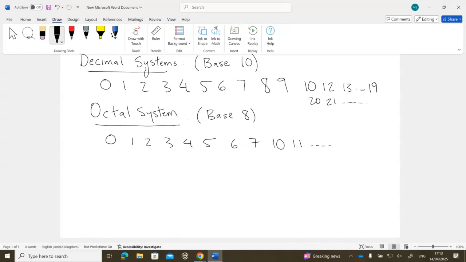Very good. So after 17, what should you get? You're done with 17, so you have to move on to 20. So the next number is 20.